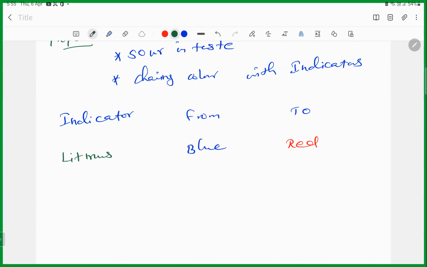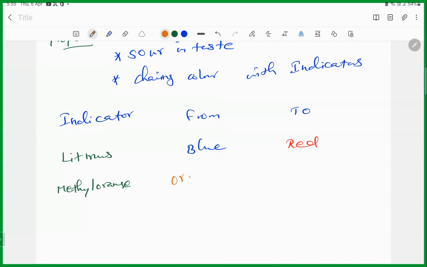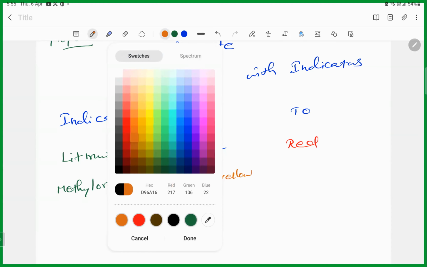And then methyl orange. Its color is orange or yellow, one of the two. It changes into pink.